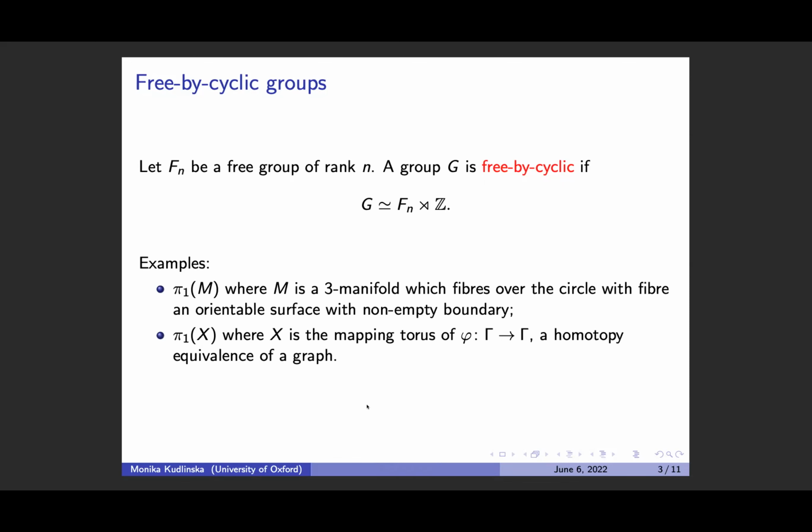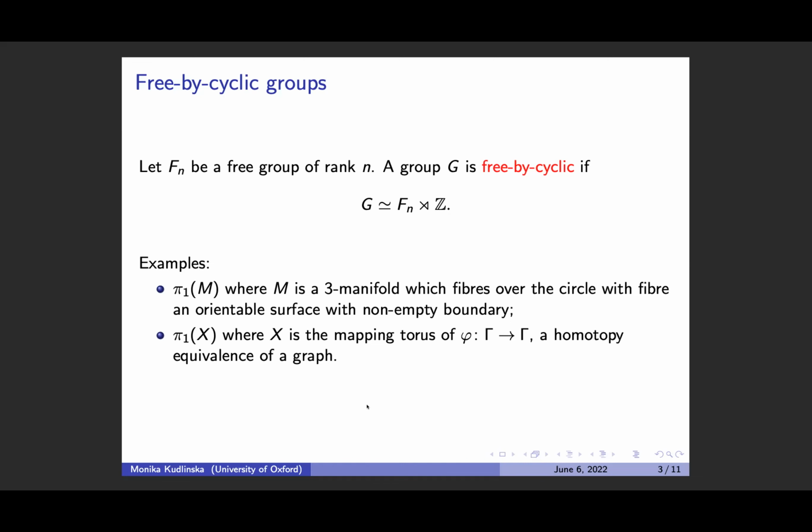Now, if that was all, then this would be a very boring talk. But free-by-cyclic groups are actually much more general than just three-manifolds which fiber. Suppose Gamma is a finite graph, which I forgot to mention, and I take a homotopy equivalence phi of this graph.